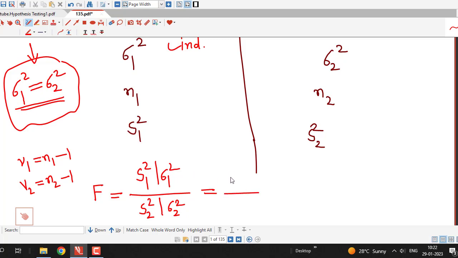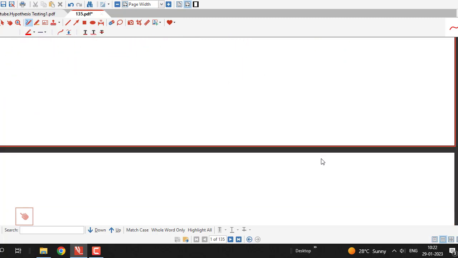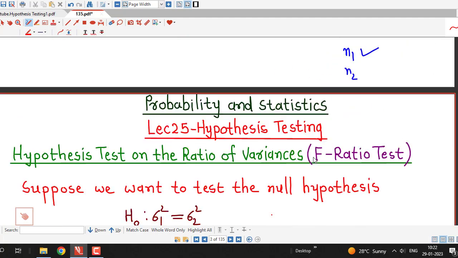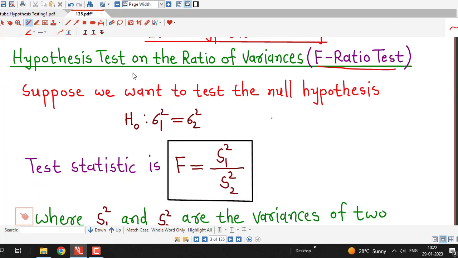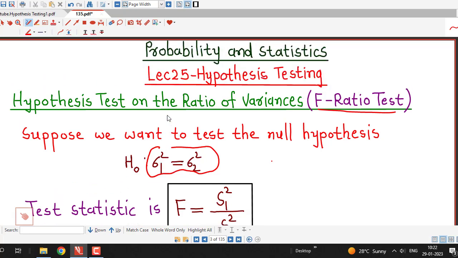Because these two are equal, we have s1 square over s2 square as the test statistic for this F ratio test. So this test is known as hypothesis test on the variances, or it is also known as F ratio test for the equality of two variances. We will always have this null hypothesis that sigma 1 square and sigma 2 square are equal, and we assume that both the populations are normal and the samples which we are taking from those populations are independent.